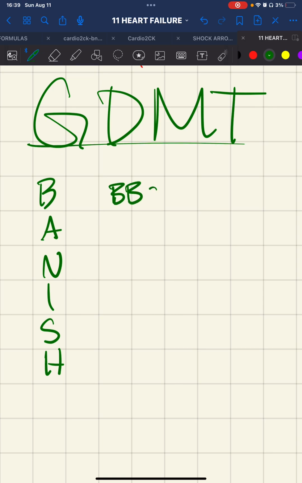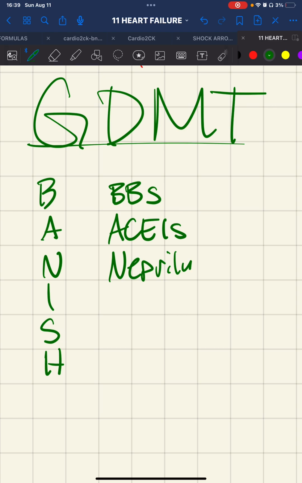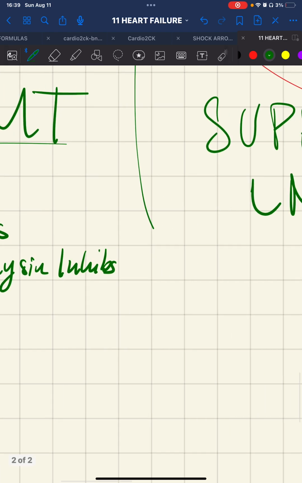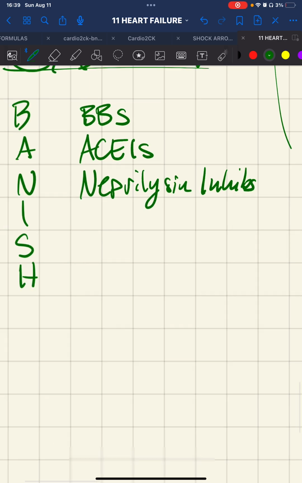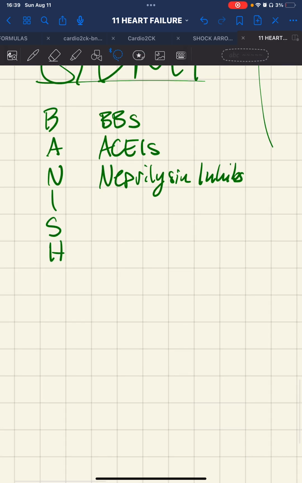We have beta blockers, ACE inhibitors, neprilysin inhibitors, such as Entresto.